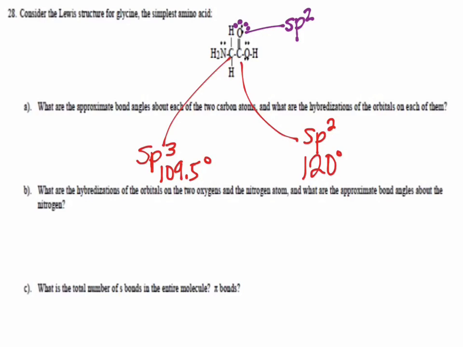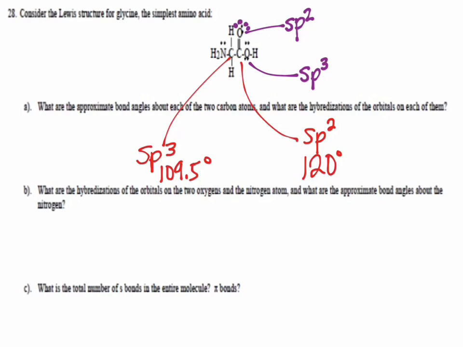Let's go to the other oxygen. The other oxygen has how many electron areas? 4, so it is sp3.